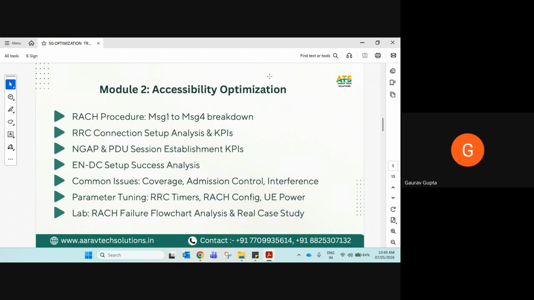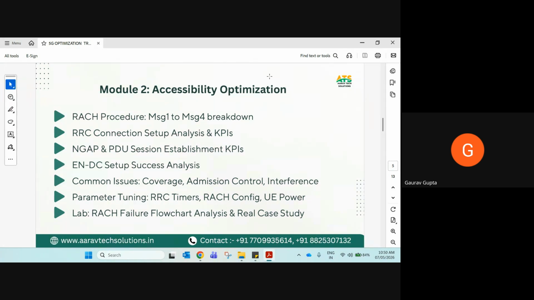Module 2 will be purely based on the accessibility KPI. Accessibility measures the success rate of users gaining access to services after a request. So it is the first gateway.